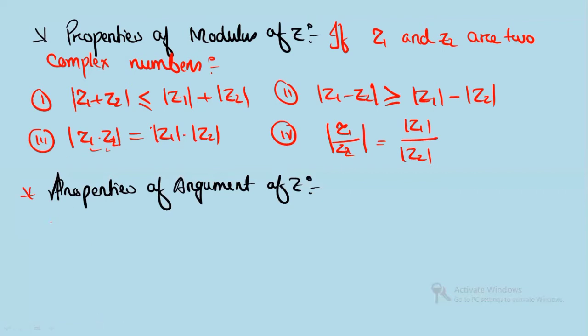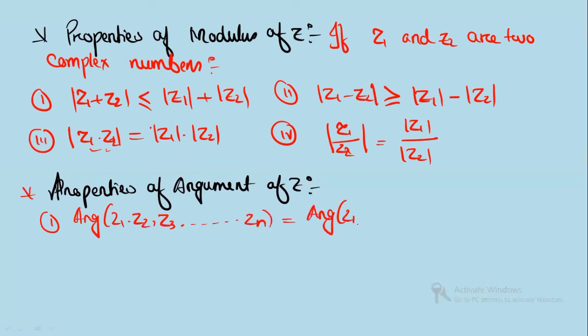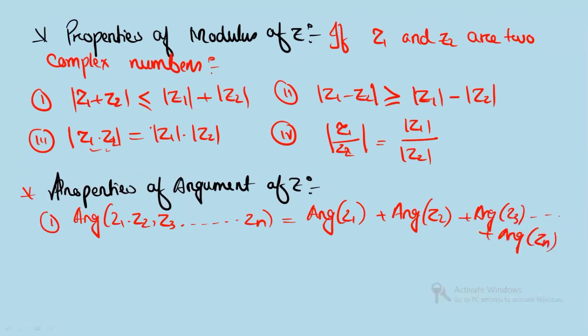So the first property is the argument of z1 z2 z3 up to zn, which is equal to the argument of z1 plus the argument of z2 plus the argument of z3, and it will go up to the argument of zn. All right.